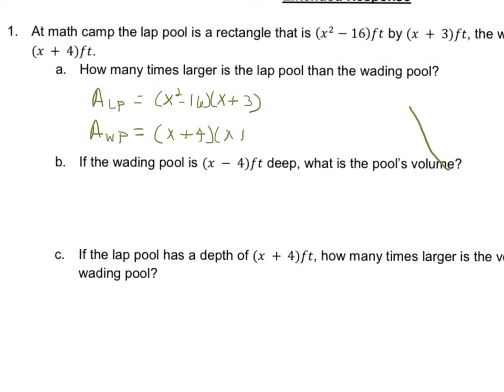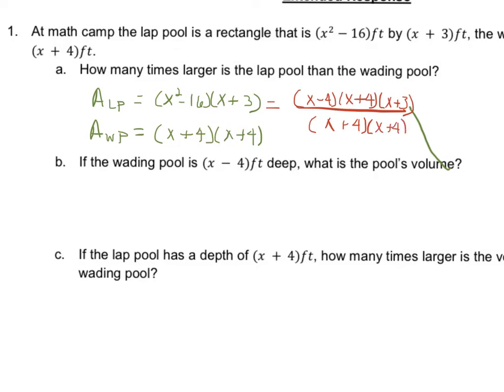To figure out how many times bigger something is than something else, you have to use division. So I just want to divide these two. I'm going to rewrite the area of the lap pool by factoring: x minus 4, x plus 4 times x plus 3, divided by x plus 4, x plus 4.